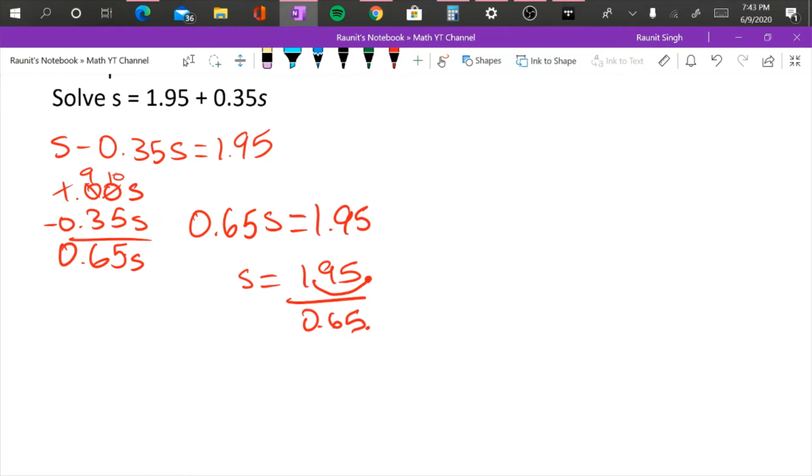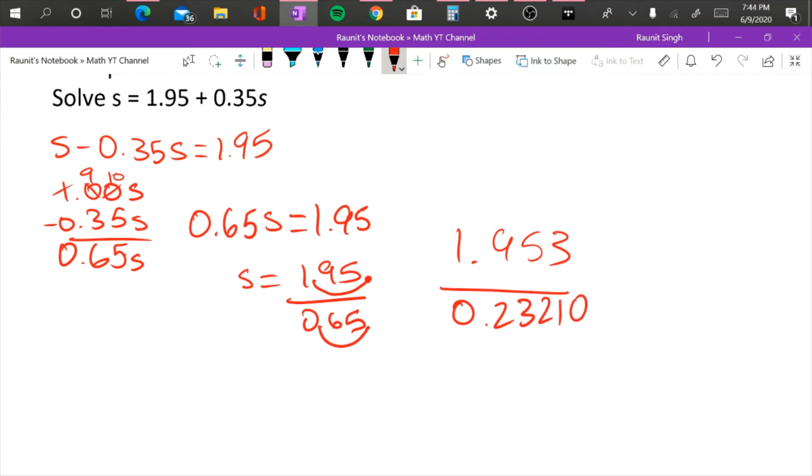Okay, so what happens if it's 1.953 and 2.3212? Then you would move the decimal over however many places you can, based on the numbers to the right of the decimal.